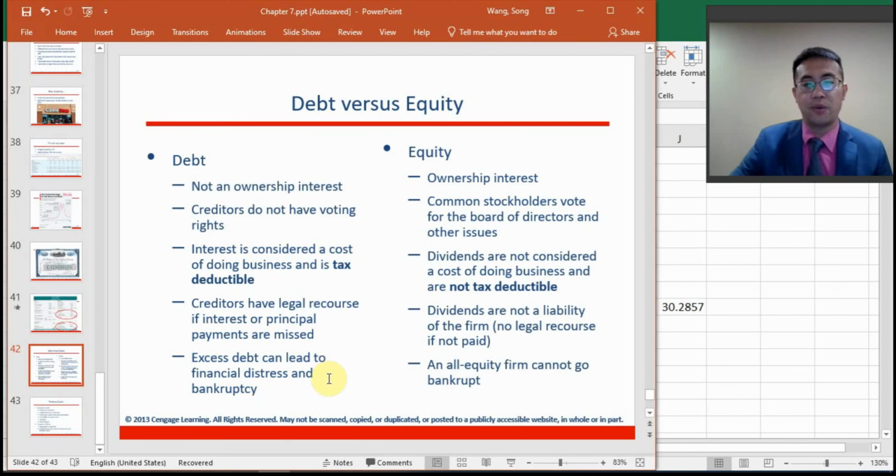A firm with debt can get bankrupt, but for an all equity firm, there's no bankruptcy because the definition of bankruptcy is an individual or a company unable to pay back its debt. Once there's no debt, there's no bankruptcy.